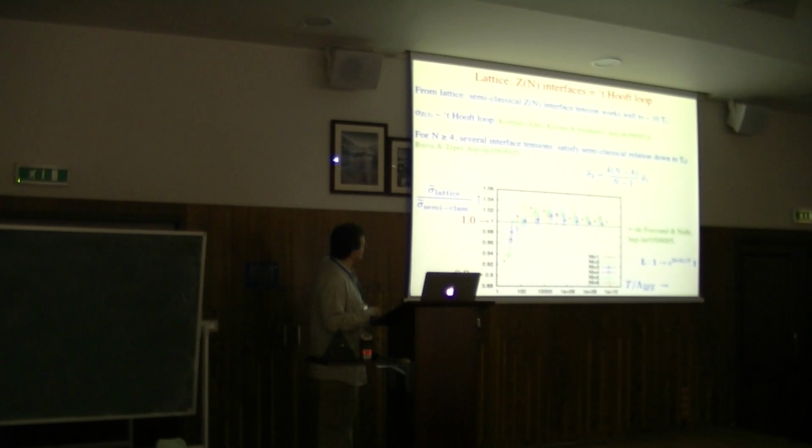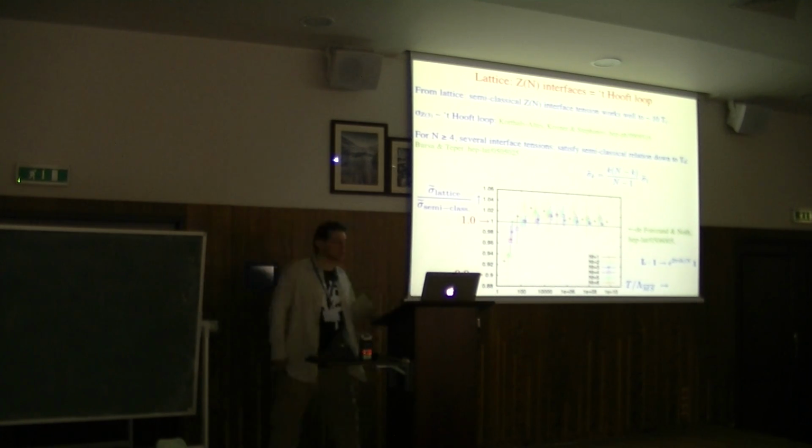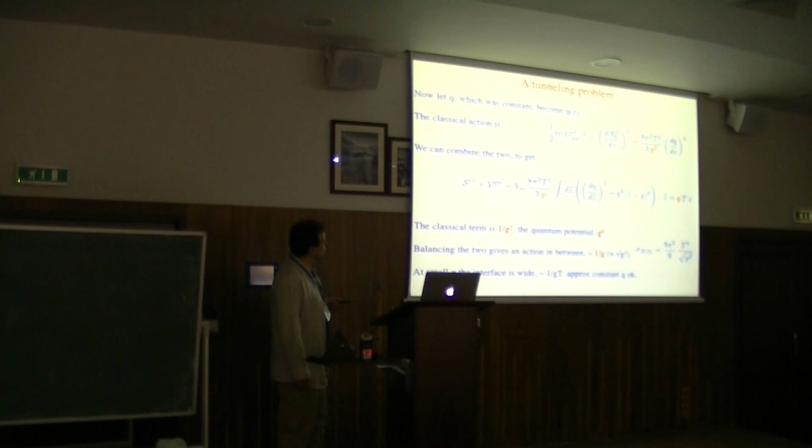And what you can show is that the lattice result compared to the semi-classical, this is the temperature axis, this is the semi-classical, that it works very well at high temperatures, and then of course it fails near TC, and I'll show you later how you can treat this region near TC. But I just wanted to show you this example, because in fact it turns out it's not only useful for computing this tunneling problem, but it will become useful in terms of developing an effective theory near TC.